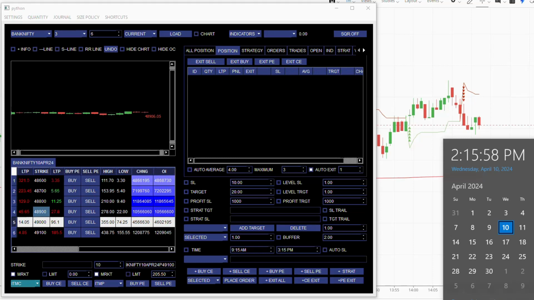Okay, the order is exited after 1 minute. This is how auto exit works.